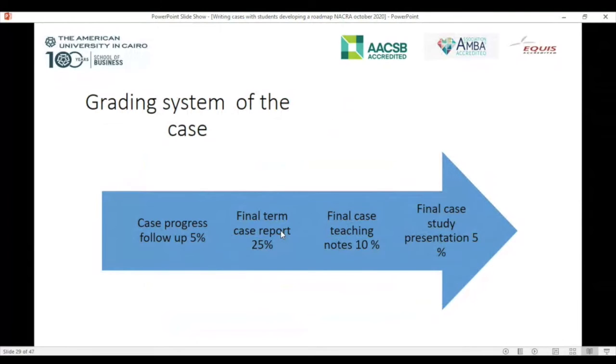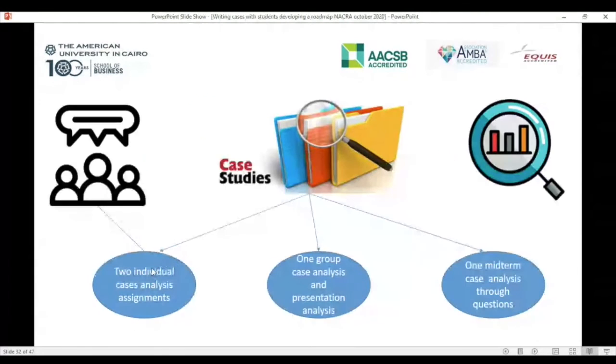There is another question that needs to be resolved. The main question is how to involve students. It's mainly about practice, practice, practice. So what we do is that we have 2 individual case analysis assignments, 1 group case analysis and presentation, and 1 midterm case analysis.